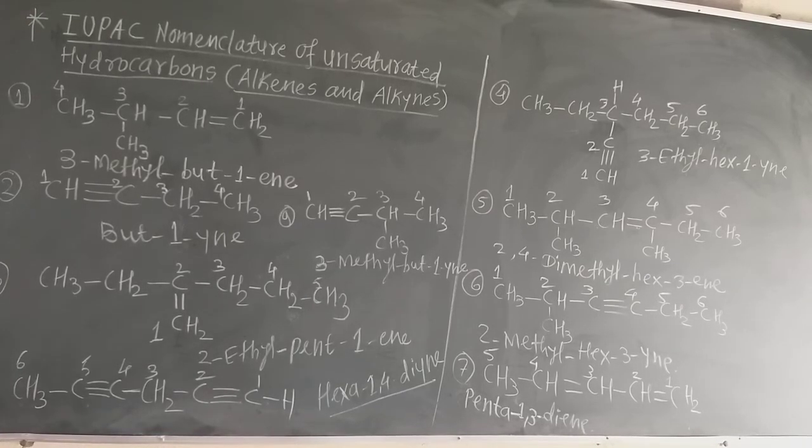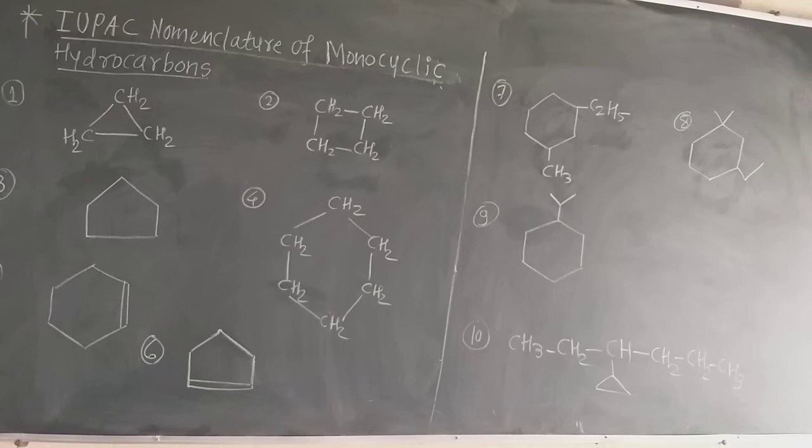Now let us see how names are given to the monocyclic hydrocarbons. Now let us study the IUPAC names of monocyclic hydrocarbons. Monocyclic means only one cycle or ring is there.